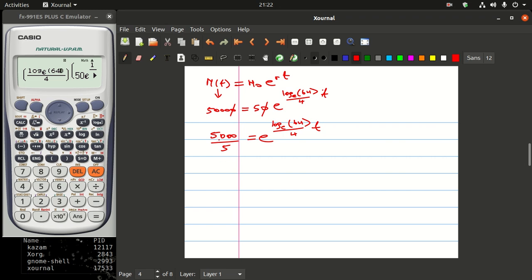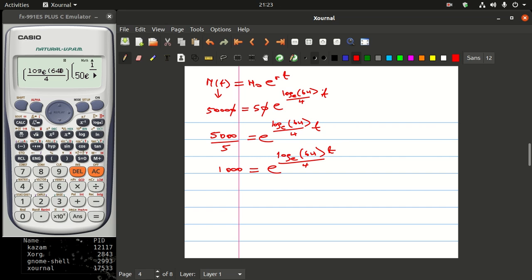I have 5,000 divided by 5. How many 5s out of this 5 here? You can see that we actually have 1. So 5,000 divided by 5 is actually 1,000. There's nothing to do, there's no need to actually be smart about it. You have log e, and then 64, and then t all over 4.